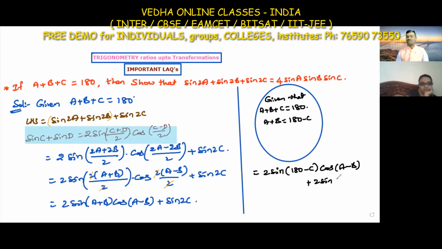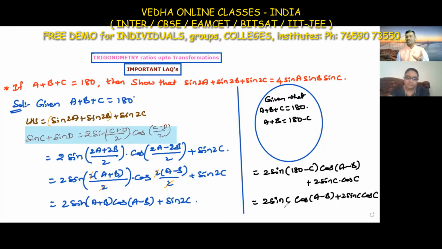That is 2 sine C into cos C. So this is equal to 2 into sine of (180 minus theta). 180 minus theta is in the second quadrant, and in the second quadrant sine is positive. So we get sine C, positive. So 2 sine C and cos of (A minus B), plus 2 sine C into cos C. In both of these terms, 2 sine C is common.